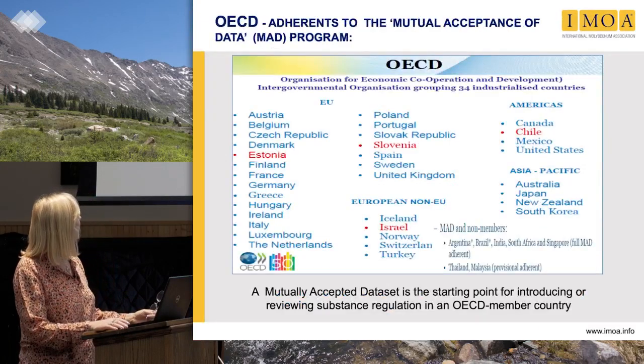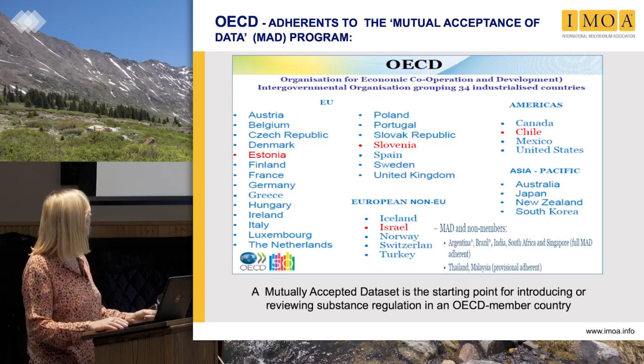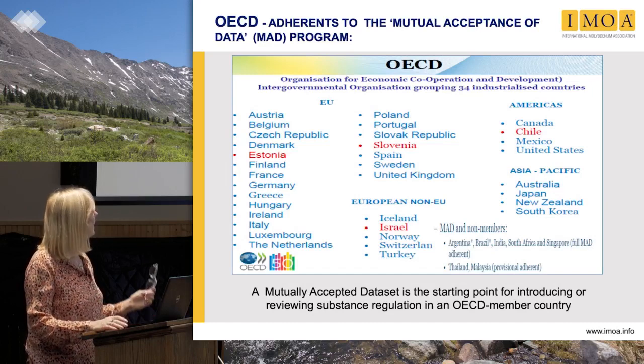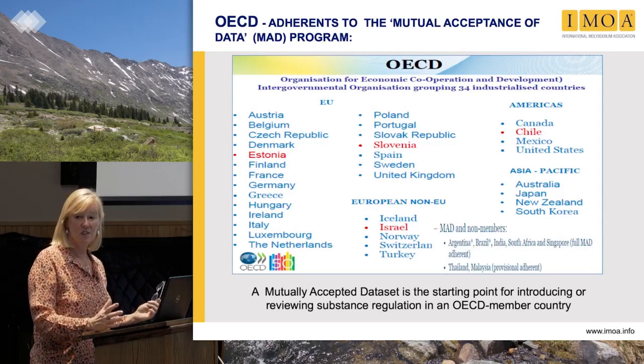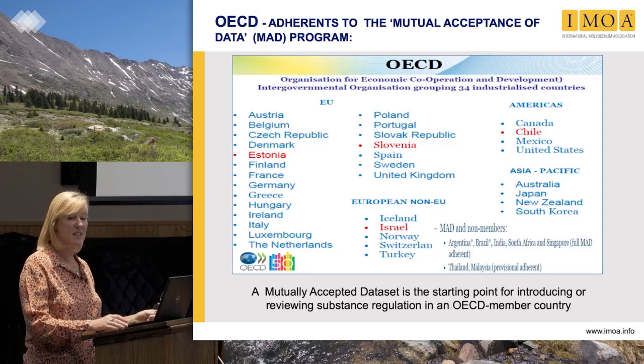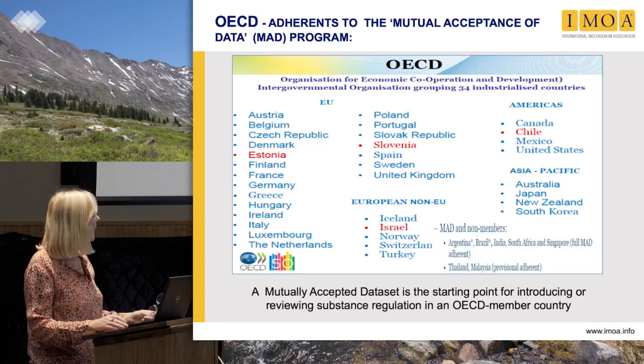So a slide about the OECD, to make sure that we're on the same page. It's the Organization for Economic Cooperation and Development, and it's really a grouping of industrialized countries. You can see on the right-hand side we have the Americas, Canada, Mexico, the United States, and a lot of European countries.